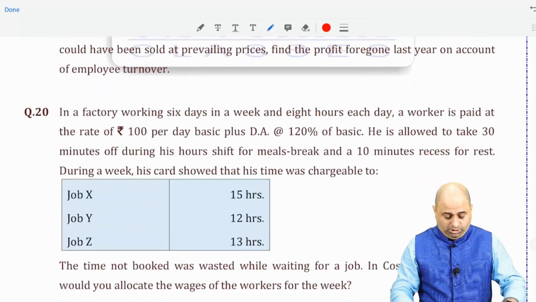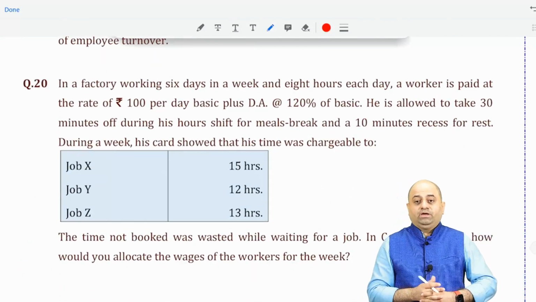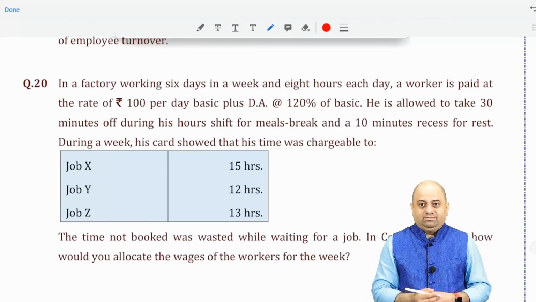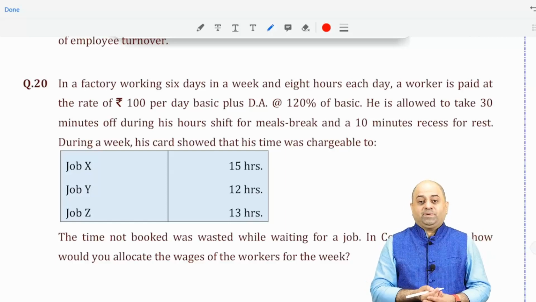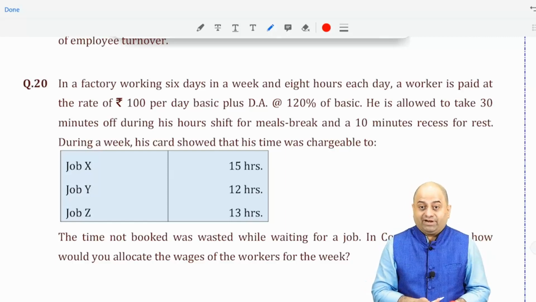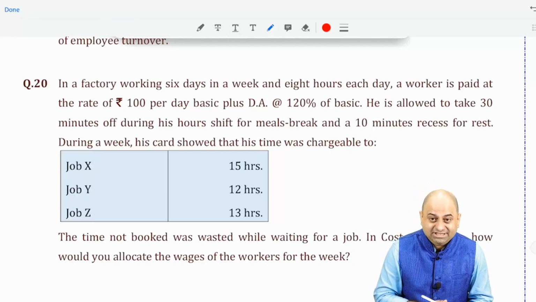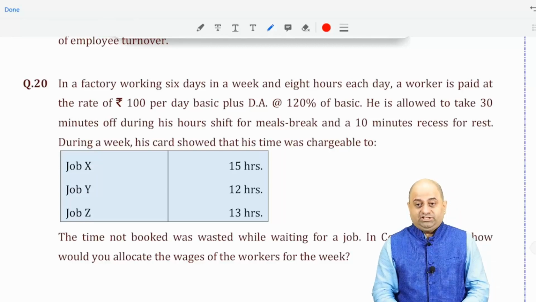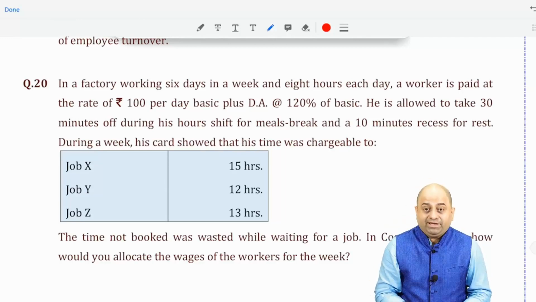Now we move on to question number 20. Very small question. We had to determine the total wages of the worker and treat it as per cost accounting principles. But don't forget, in this we had a concept of cost to company, that is CTC. We calculate the total wages, that is CTC, of the worker, and divide by the expected number of labor hours.